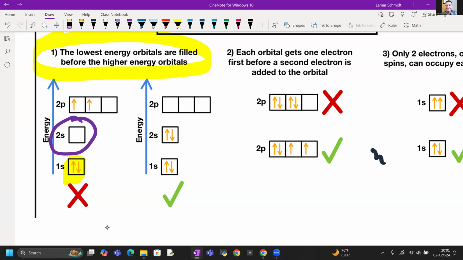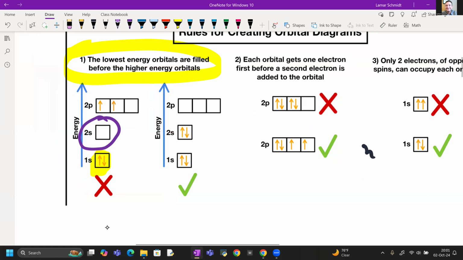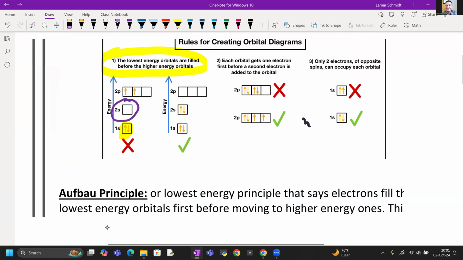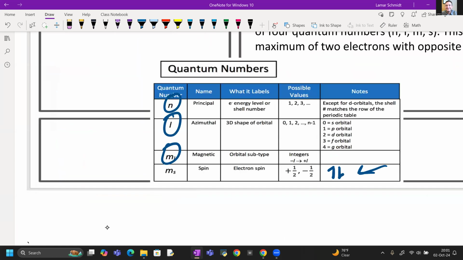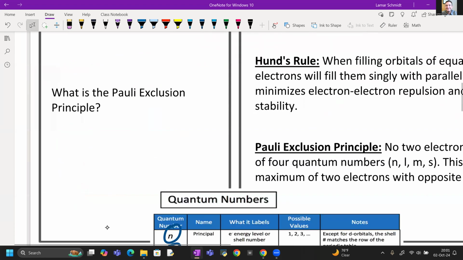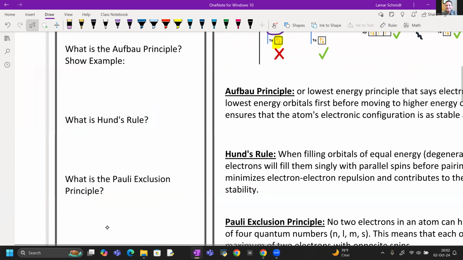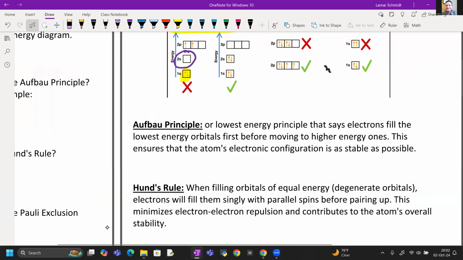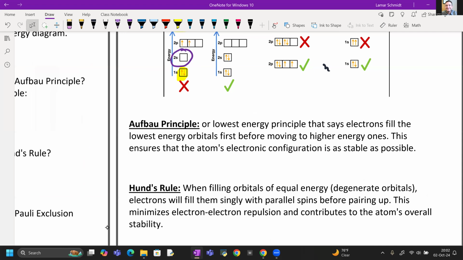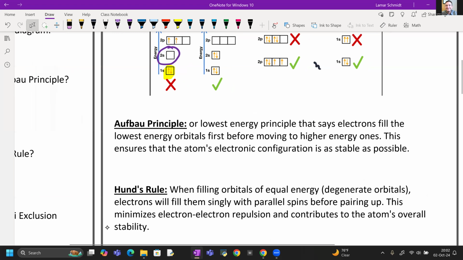We only had 4. So we filled the lower energy levels before we started filling higher energy levels. The Aufbau principle simply says we fill the lowest energy levels first, and then we fill the higher ones. This ensures that the atom's electronic configuration is as stable as possible.